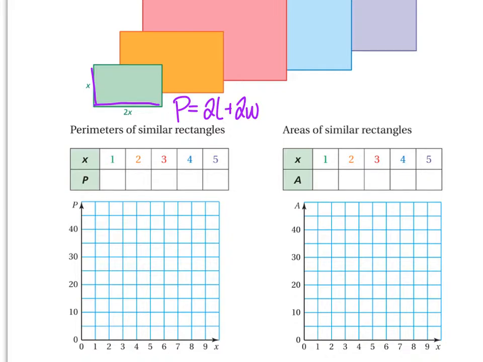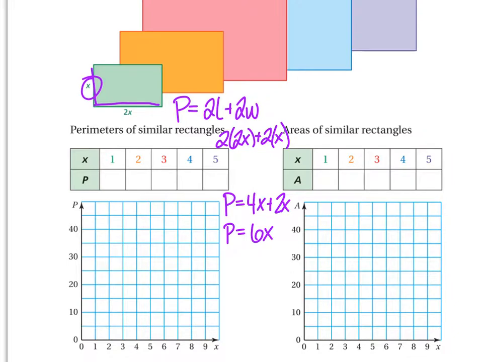So let me go ahead and modify just for this specific set of rectangles. So 2 times the length would be 2x, plus 2 times the width we just said was x. So if we modify our perimeter function just for this rectangle, then we get P equals 4x plus 2x, or P equals 6x. And combine our like terms there.